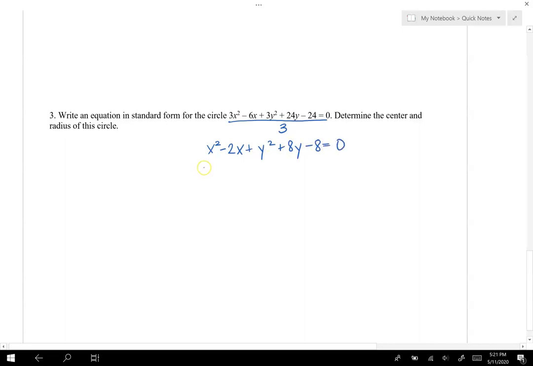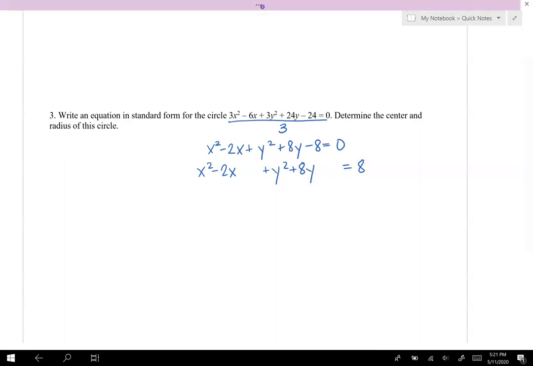Okay? Now I'm going to rearrange like we usually do. Put the x's together, put the y's together, and then I'm going to move the -8 over to the other side, so now it's +8. Now I'm going to write fewer steps. So I'm going to add half of -2, so (-1) squared.